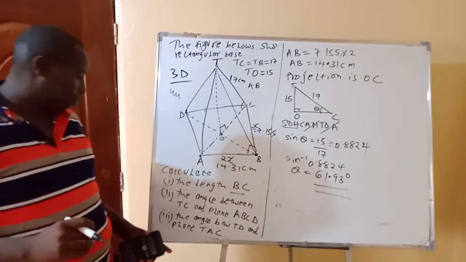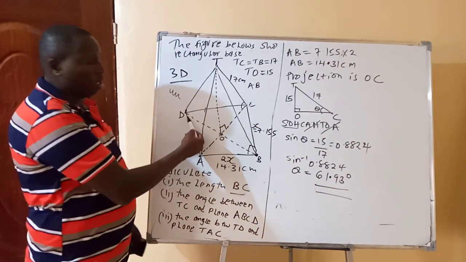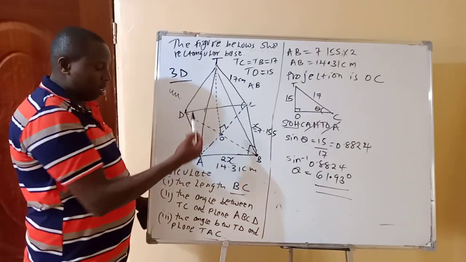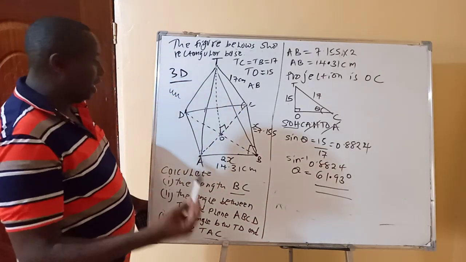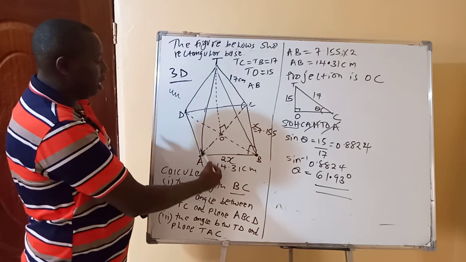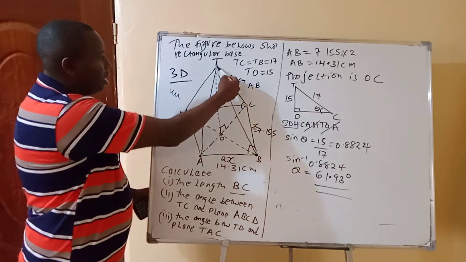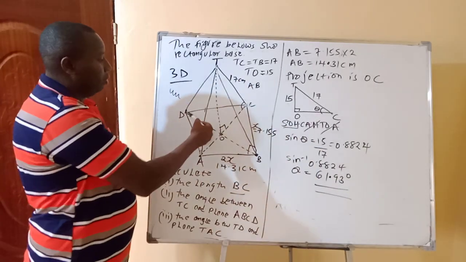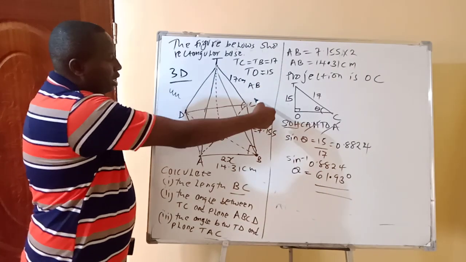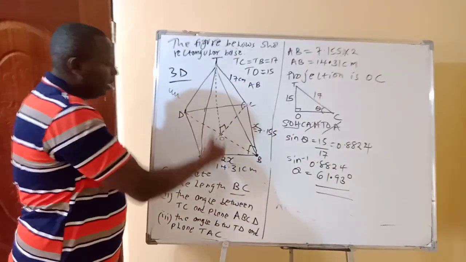The last question here is the angle between the line TD and the plane TAC. Now you have this TD. On this plane TAC, where does the point make an angle of 90 degrees with the plane TAC?